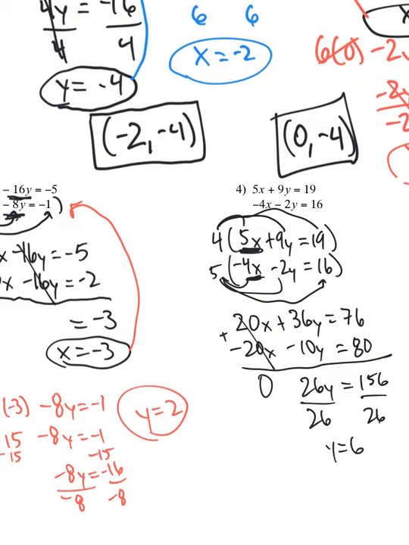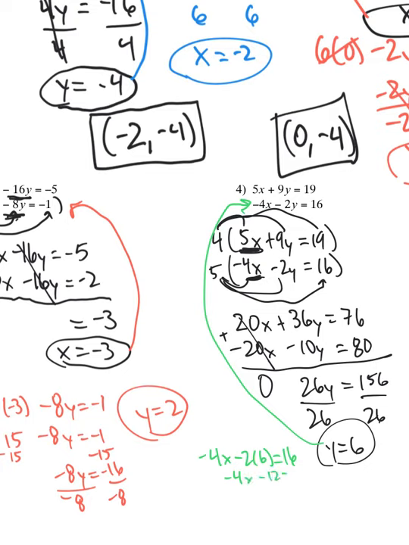So there we've solved for y. And we're going to go back to one of the original equations. I'll go to that bottom one there. And I'm substituting in y. So it's negative 4x minus 12 equals 16.